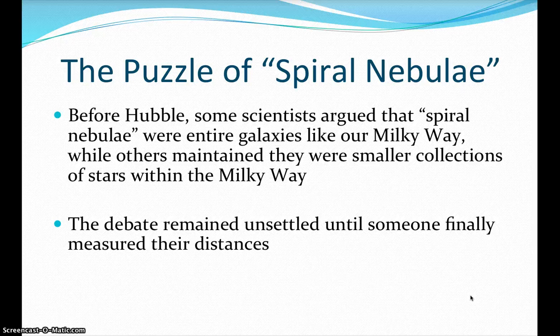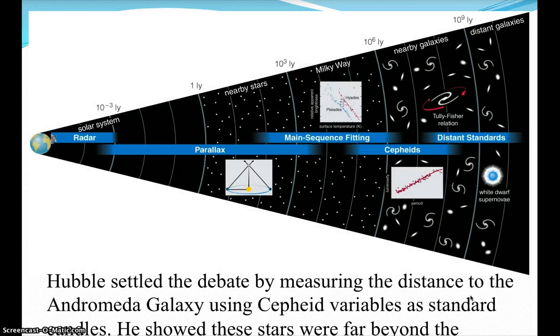And so what we needed to know was, well, how far away are these objects? If we know the distance, then we can figure out whether they're within our Milky Way galaxy or outside of it. So basically, Hubble focused on the Andromeda Galaxy, which is a galaxy that is relatively easy to see with either some binoculars or a small telescope. And he wanted to see how far away that is.